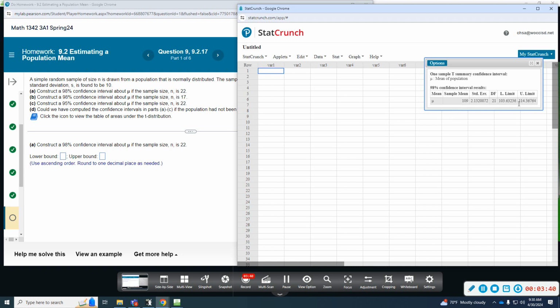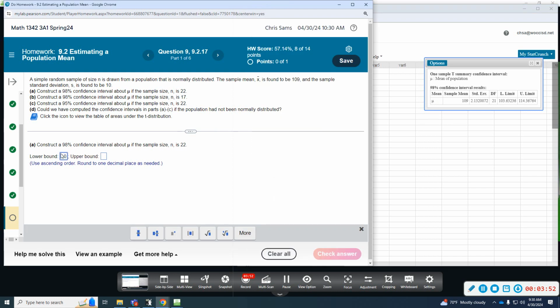We get our lower limit and upper limit. We want to round to 1 decimal place, so 103.6 and 114.4.